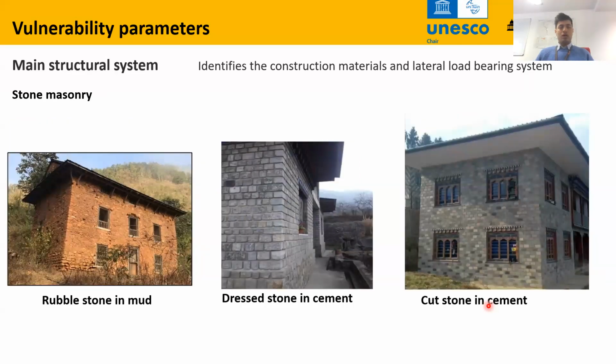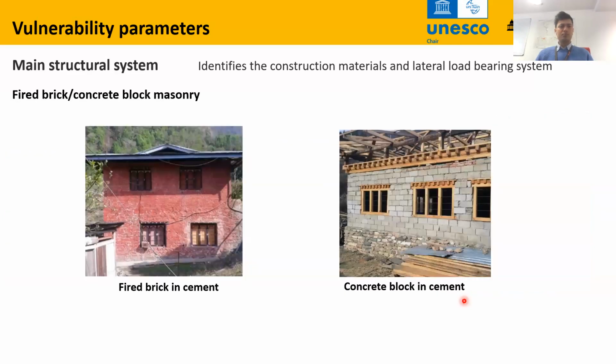Under stone masonry, we have rubble stone masonry, traditionally built, dressed stone or semi-dressed stone, the worked masonry, rough faces, and we also have cut stone masonry in recent years because of the availability of stone cutting units.